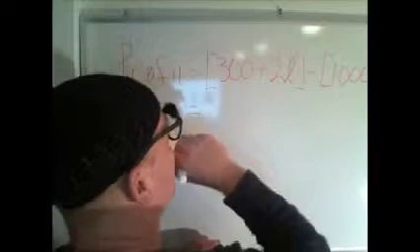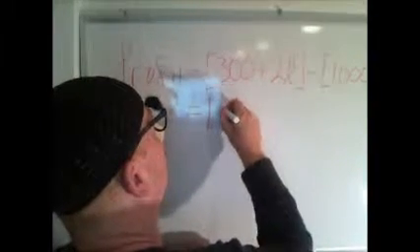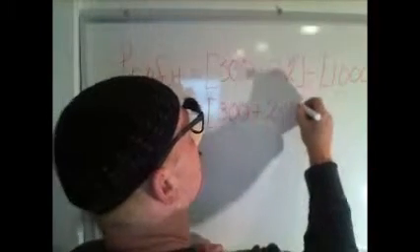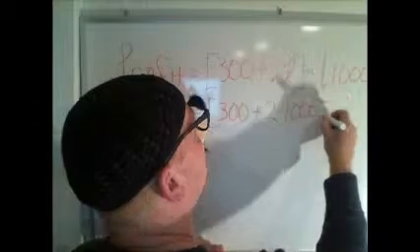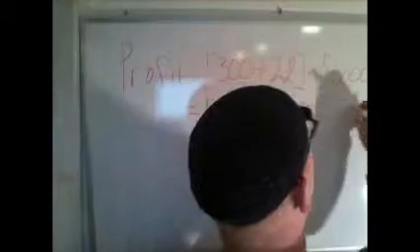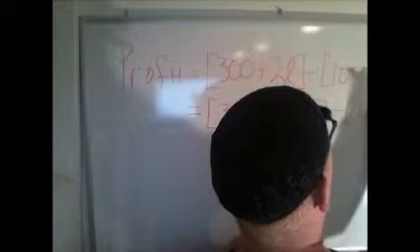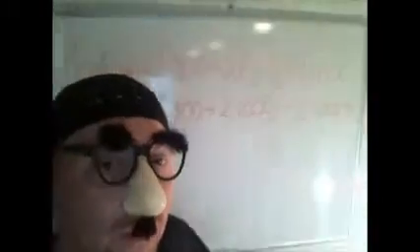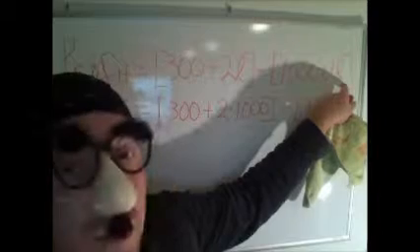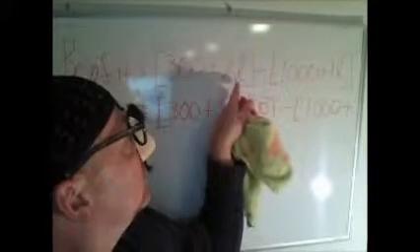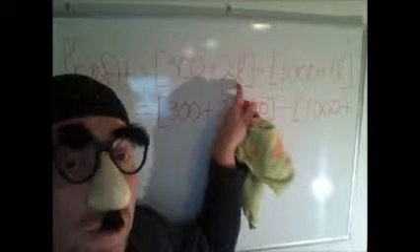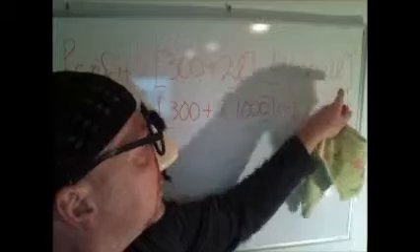This equals 300 plus 2 times the 1,000 loads that he requests in the problem, less 1,000 plus 1 times 1,000, which is, if you look on the far right, 1 times L, which is 1,000. We're just substituting in 1,000 for the L in this expression that's part of the equation and in this one.